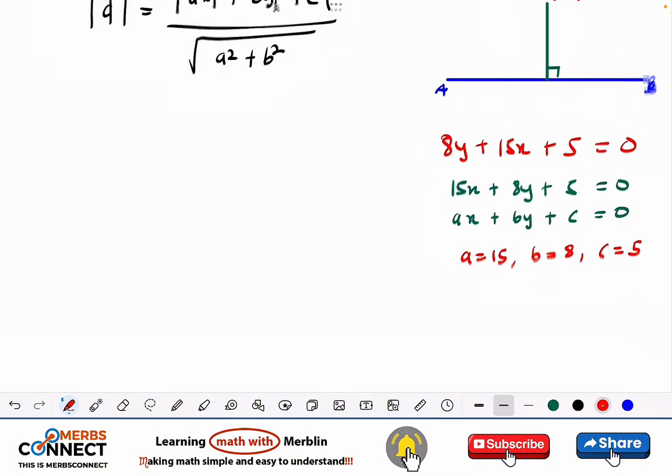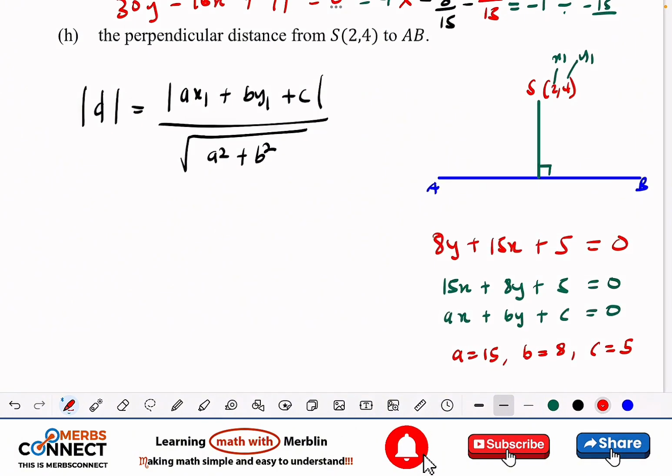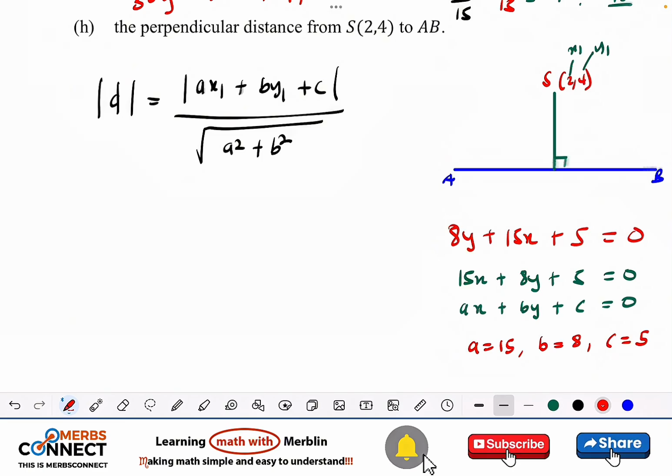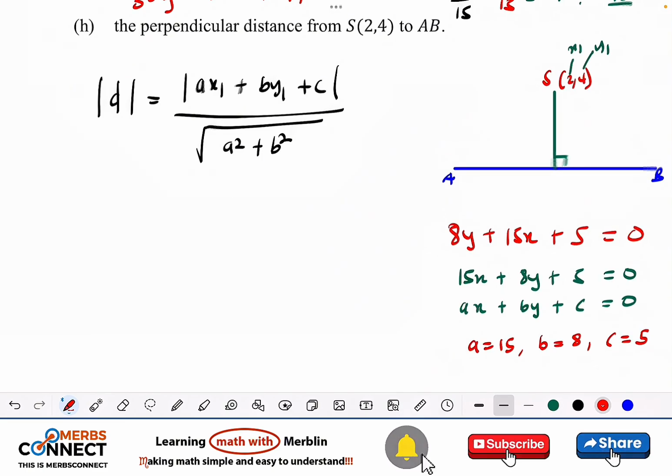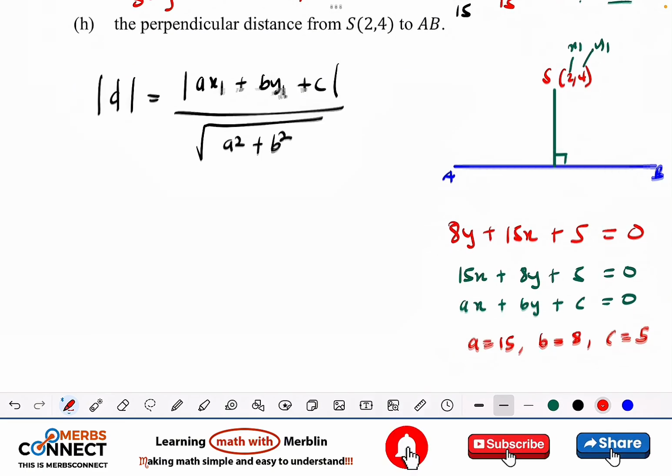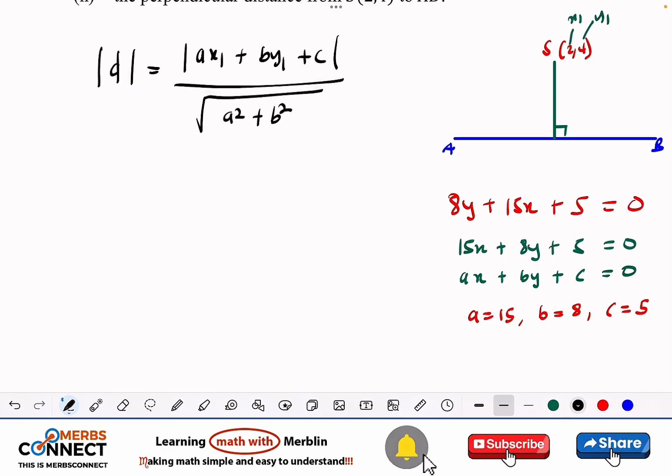And do you know the interesting thing, this is the last question. So our final result, we are going to write it very big. Good. All right, so let's just put them in. We are going to have the absolute value of 15 times x1, which is 2 from here.